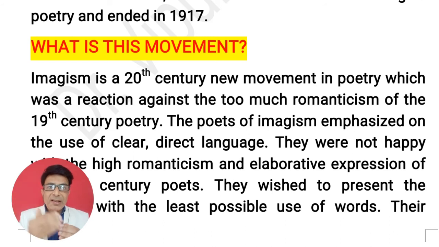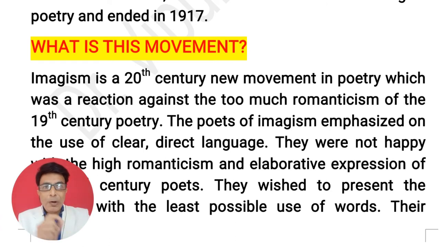During the period of Romantic revival from 1798 to 1830, and after that, from 1830 till 1900, during the Victorian era and also during the period of New Romanticism, the poets were coloring their poems with too much romanticism, and this movement, Imagism, which began in the beginning of the 20th century, was a reaction against that romanticism.